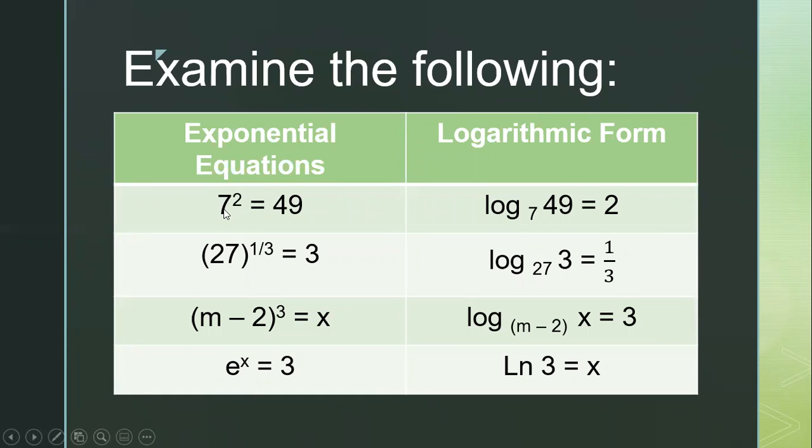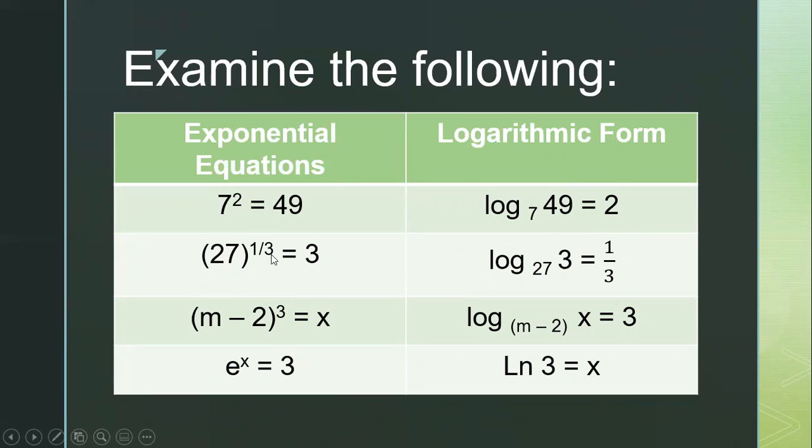So as you can see in the exponential equation, the power, which is 49, becomes the value of our a, the base, which is 7, becomes still the base in the logarithmic form, and 2, the exponent, becomes the value of the logarithm, okay? So transforming this one back to exponential, then we'll have the base, and then this one becomes the exponent, and this is the value.